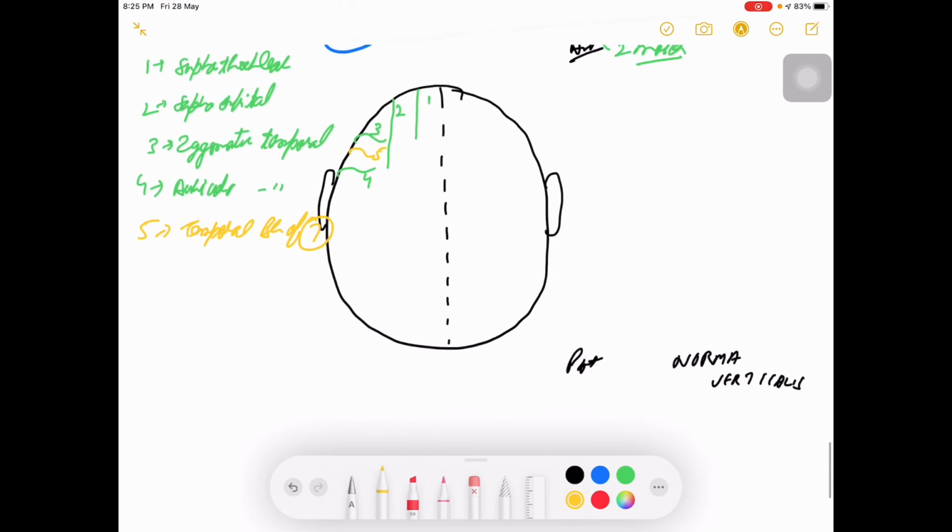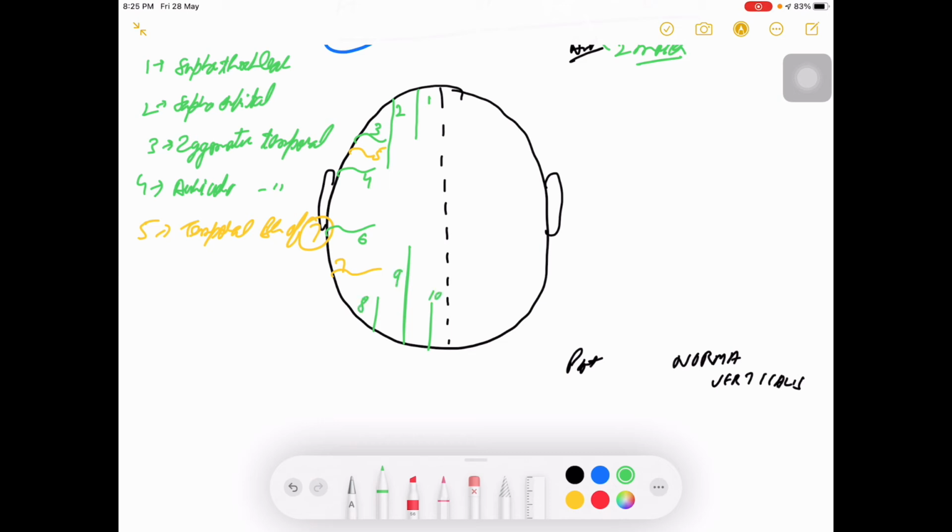Now coming on to the part posterior to the ear, you have a nerve over here, number 6. Then again you have a motor, number 7. Then you have 3 over here, number 8, number 9 and number 10.